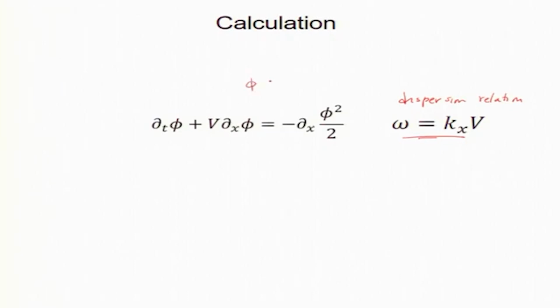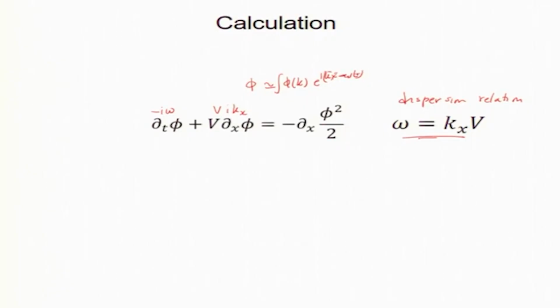So, we write phi as phi k, well Fourier transform, e to the power i(kx minus omega t), right. In 3D it is going to be k dot x. Substitute it here, this may give you minus i omega, and this will give you V i kx, right. So, note the sign change, there is a minus sign there.